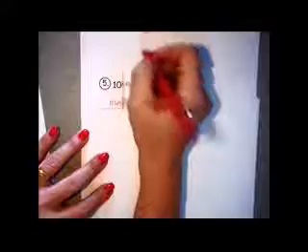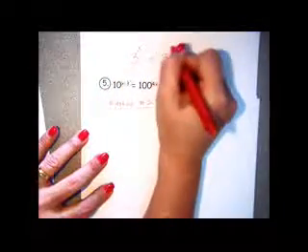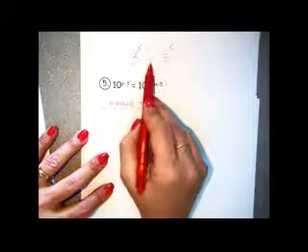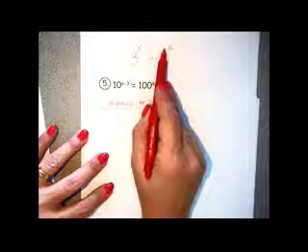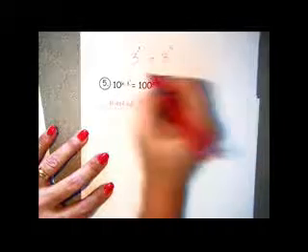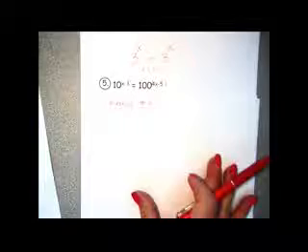For example, if I have 3 to the x power equals 3 to the 5th power, and these are equal, then my exponents have to be the same, so x has to equal 5, right? Well, here our bases are not the same.